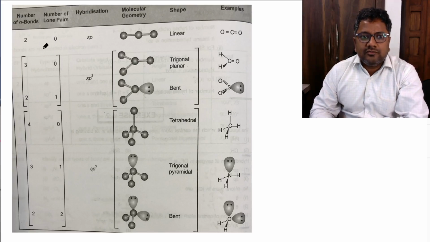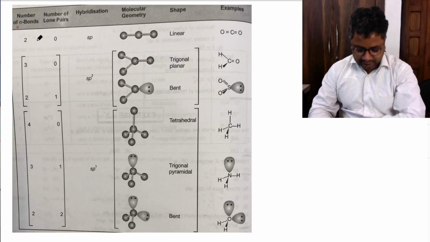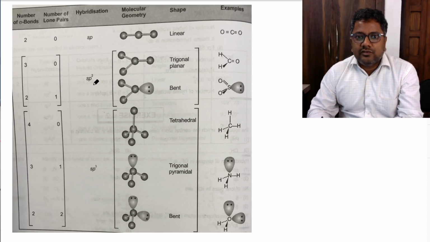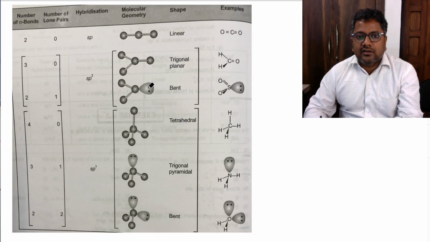So you can say number of hybrid orbitals. Number of sigma bonds is 3, lone pair 0, so sp2. And if number of sigma bonds 2, lone pair 1, then bent. So in sp2 you have two different shapes, trigonal planar and bent.